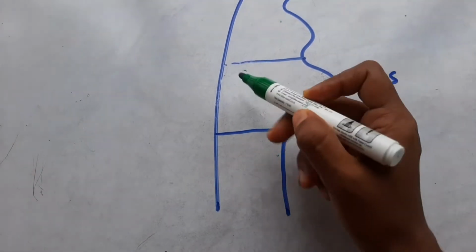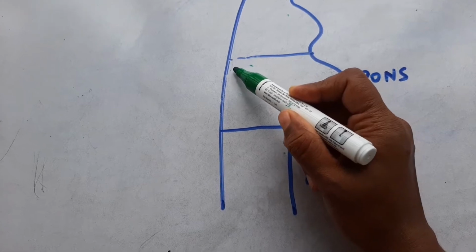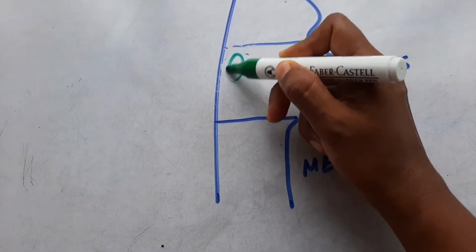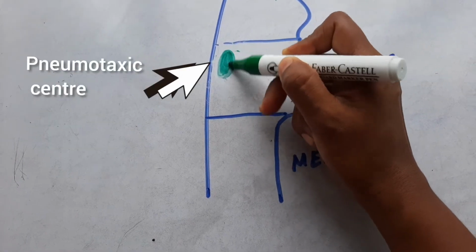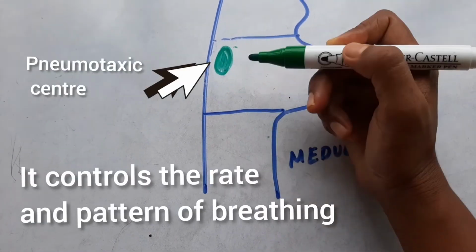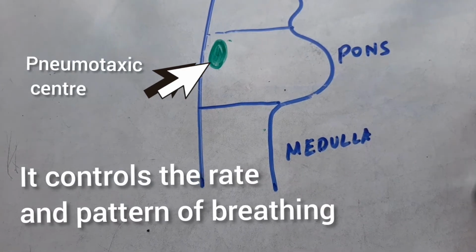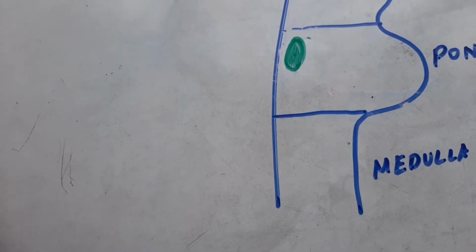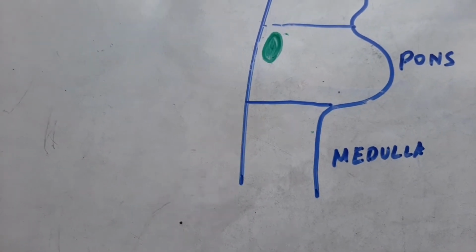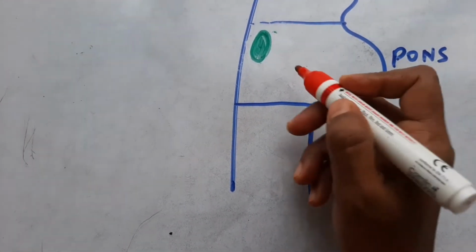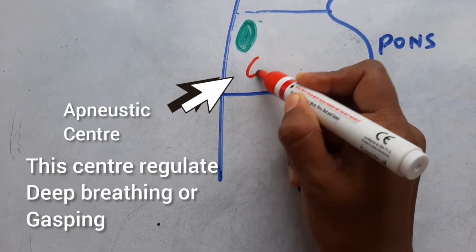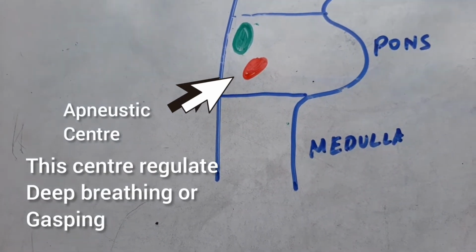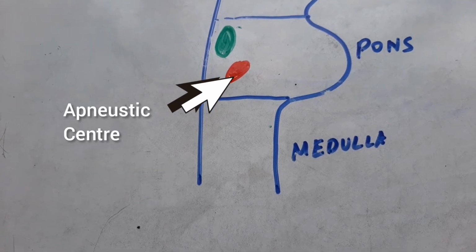For that we have to just focus on the pons. Here there is a center in the pons known as the Pneumotaxic Center, which I have drawn with a green color. Next comes another center present in the pons called the Apneustic Center. So these are the two centers in the pons.